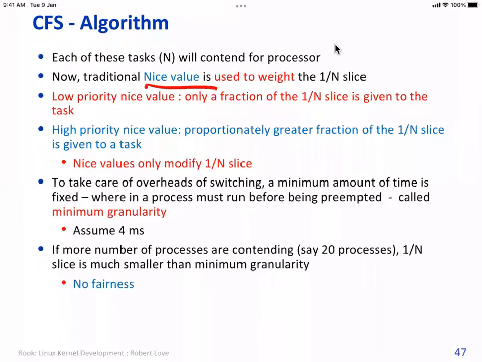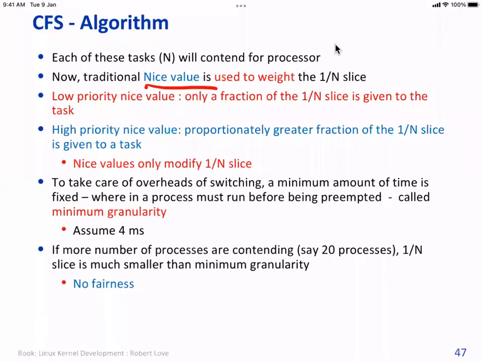Based on that, if you want to be nice, then you say that I don't need the CPU for whatever is 1 by nth time slot, I will use less. And based on that, every job gets executed in the epoch, and then once it's complete, then based on the jobs again, this epoch is created and the same process repeats.